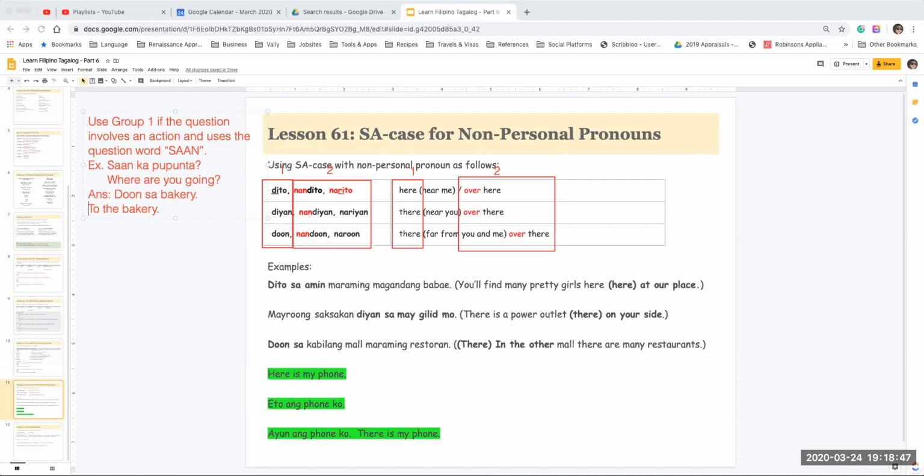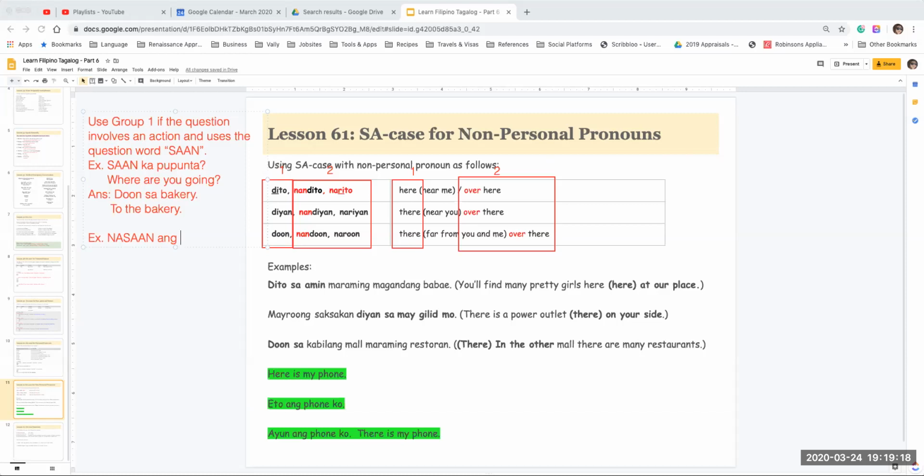Now, if the question starts with nasaan, with the na, then you know you can answer with nandito or narito. For example, nasaan does not involve a verb. It asks for a location or a place of something.